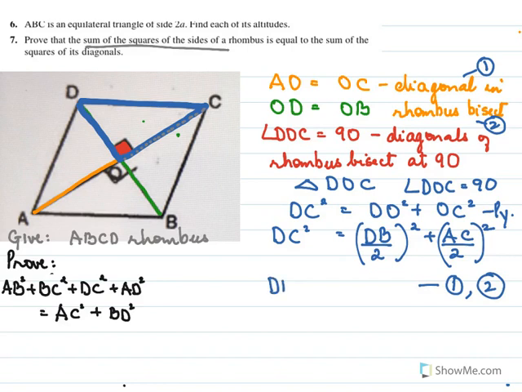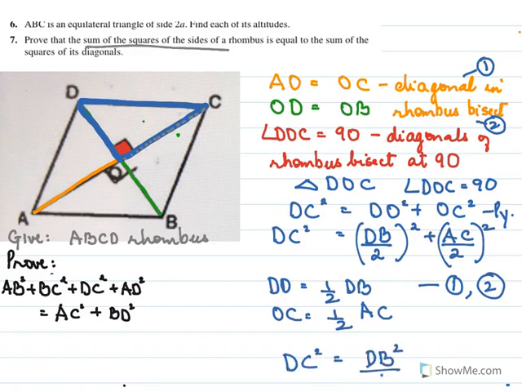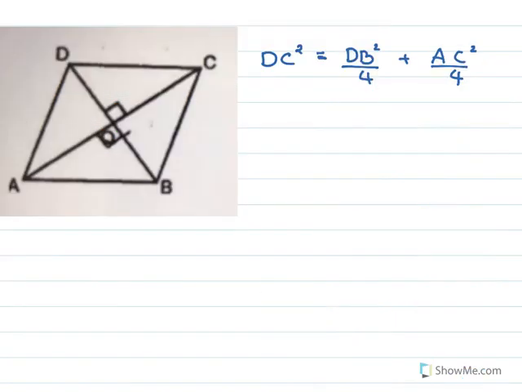We know OD is half of DB and OC is half of AC. Now we continue. So we have now DC square equal to DB square over 4 plus AC square over 4.